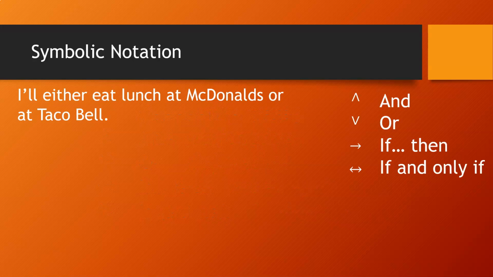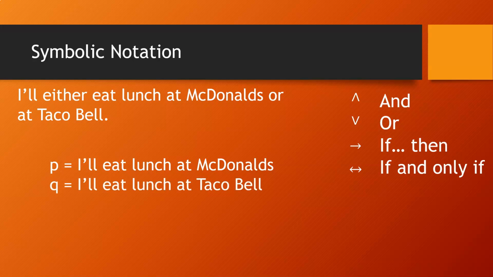So if our statement is, I'll either eat lunch at McDonald's or at Taco Bell, we have to figure out what the simple statements are that make up this compound statement first. One of the simple statements is, I'll eat lunch at McDonald's, and we're going to substitute the letter P for those words.